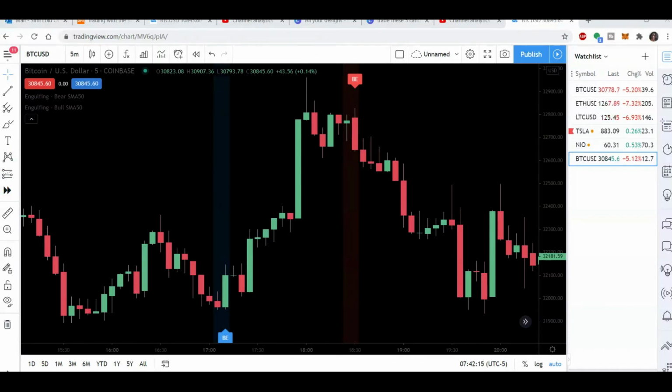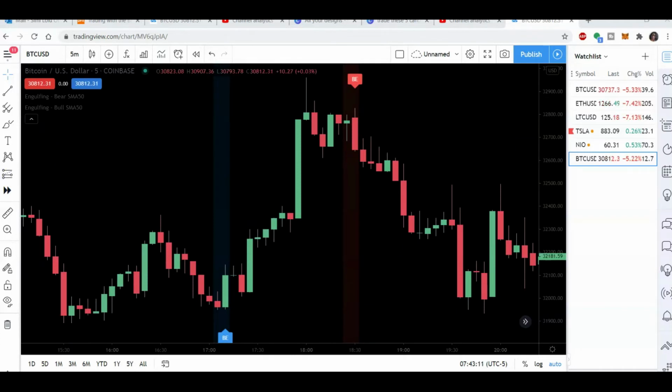The bullish engulfing pattern appears at the bottom of a downtrend, whilst the bearish engulfing pattern appears at the top of an uptrend. Both of them are reversal patterns and would make perfect entry points to go long on a position or to go short.